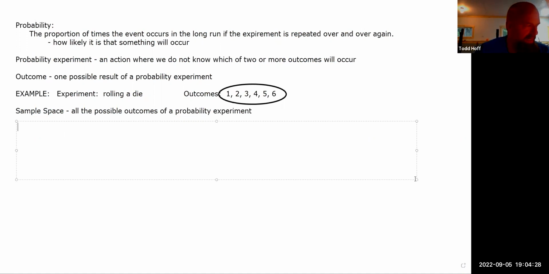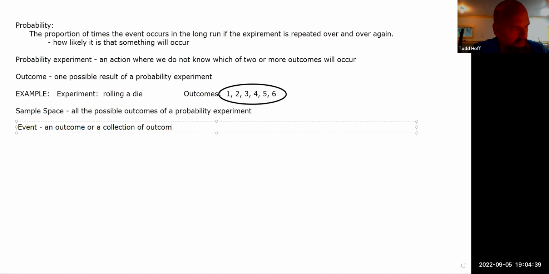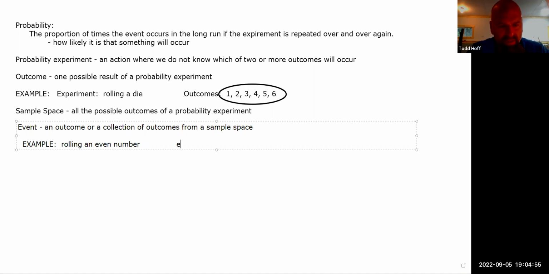There's a little bit more vocabulary to go here. An event is either an outcome or a collection of outcomes from a sample space. An example, if we're still rolling a die, might be rolling an even number. So the event there would be a 2, a 4, or a 6.